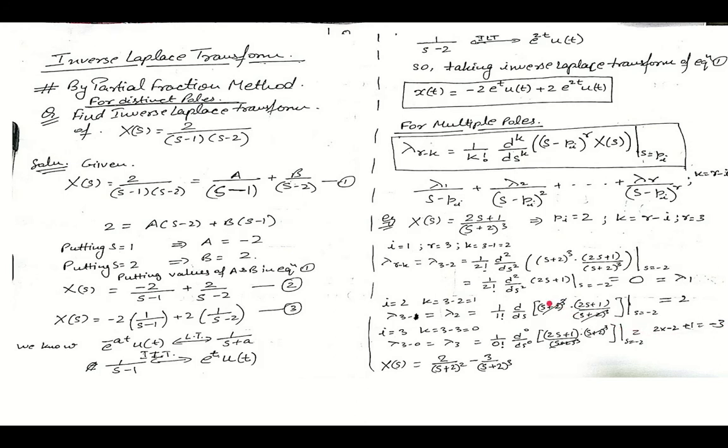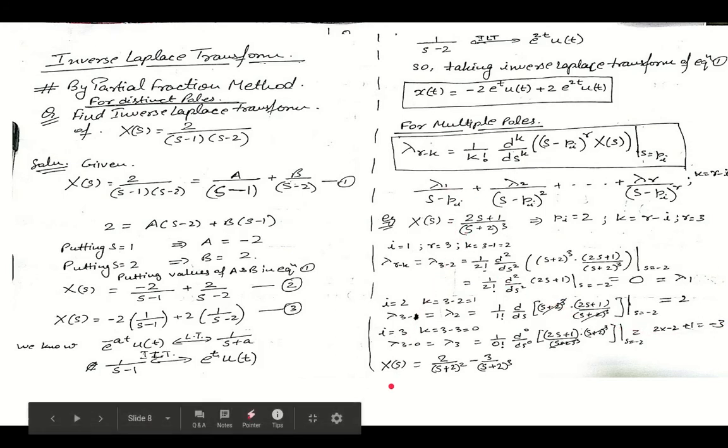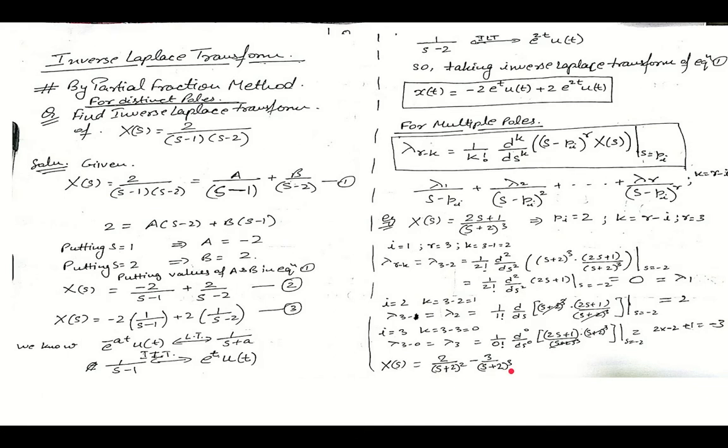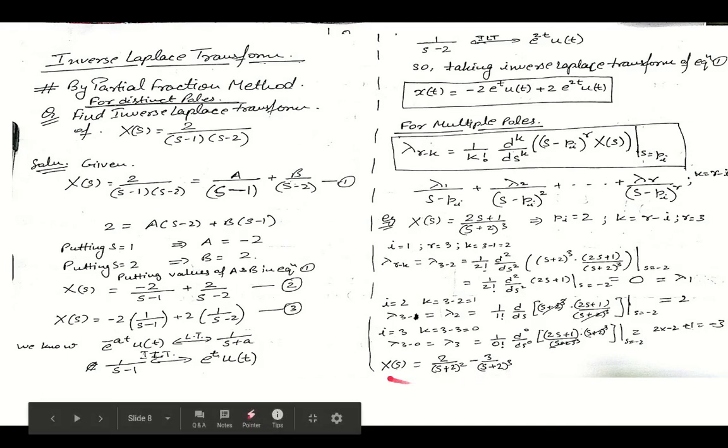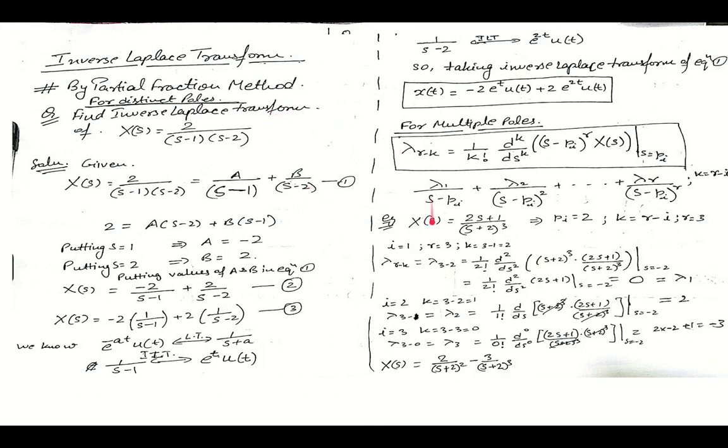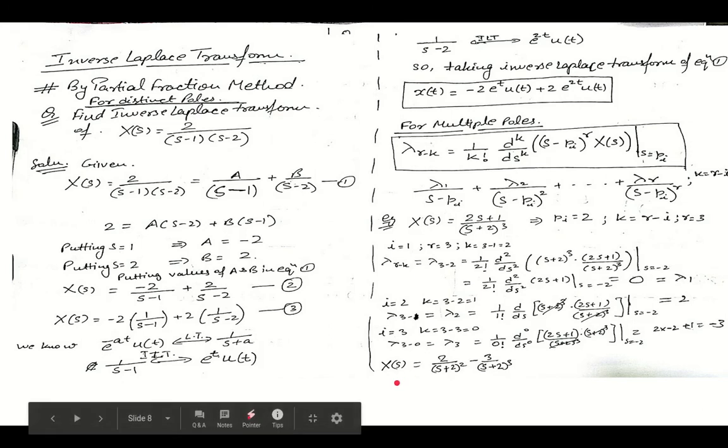So my expression would change into X(s) is equal to 2 upon (s plus 2) whole square minus 3 upon (s plus 2) whole cube. Now we have utilized the partial fraction method for multiple poles, and we have calculated X(s) is equal to 2 upon (s plus 2) whole square minus 3 upon (s plus 2) whole cube.